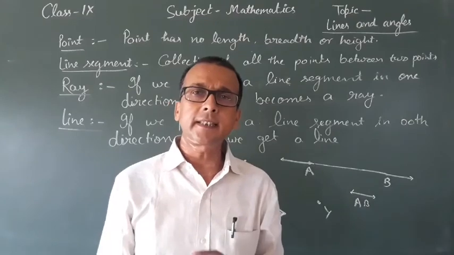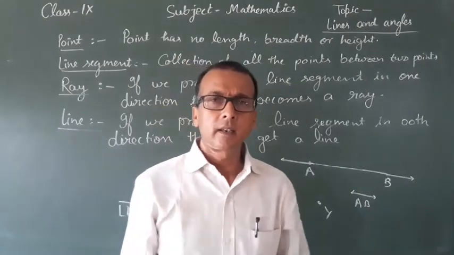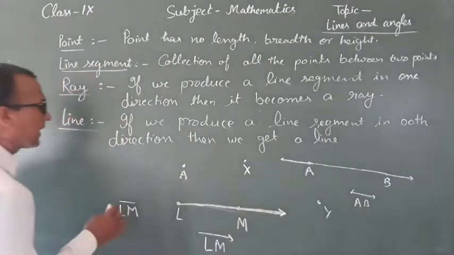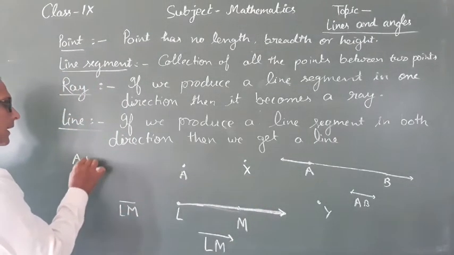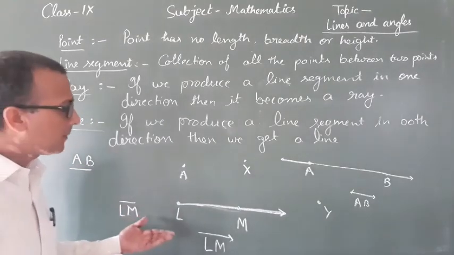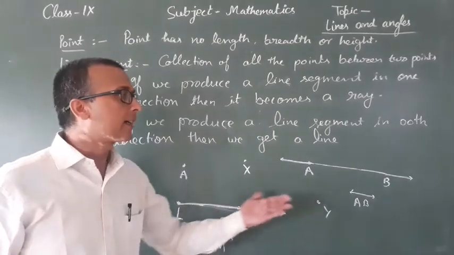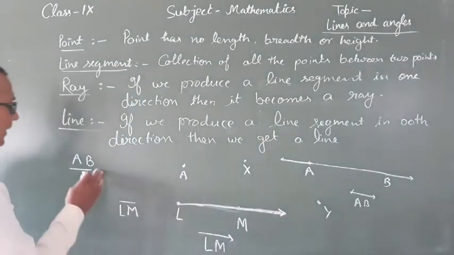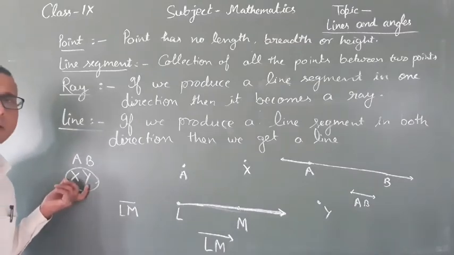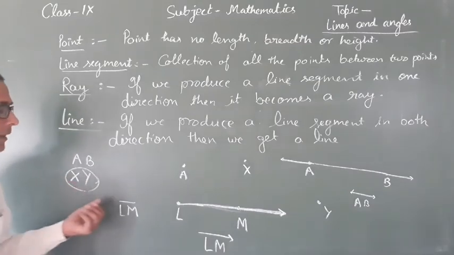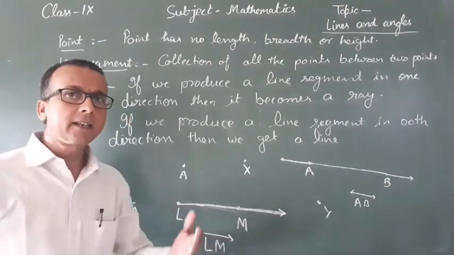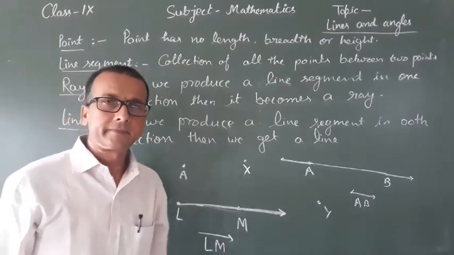Students, initially these notations are used, but for a line segment, ray or line we usually use AB like this. AB, XY. Here the two capital letter notation shows 2 points on the line, it may be a line segment, a ray or a line.